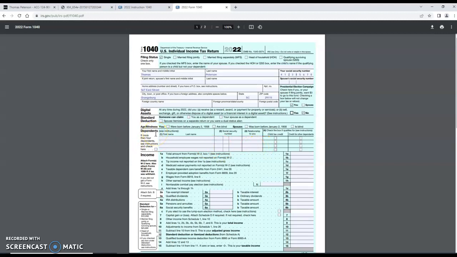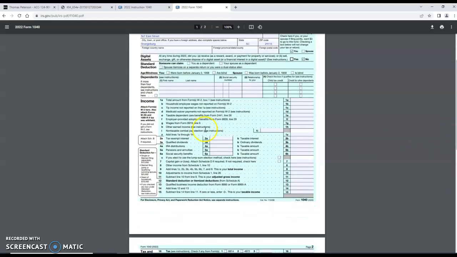Next is for dependents, and if Thomas had any dependents, children, elderly parents, whatever, that he was taking care of, that information would go in here, and we'll talk more about those things in the future.